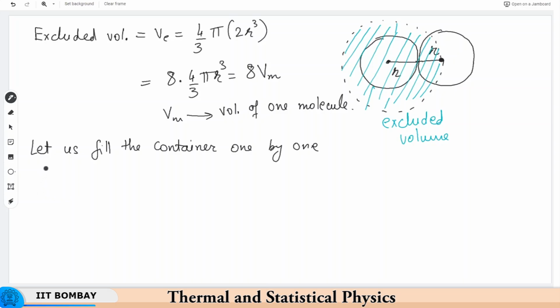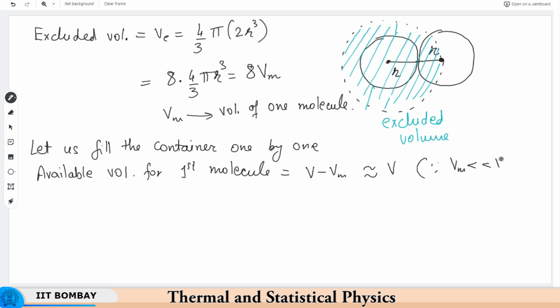If I add one molecule, the available volume for the first molecule is V minus Vm, because this molecule has its own volume. We can assume that this is almost equal to V, because Vm is much smaller than V.